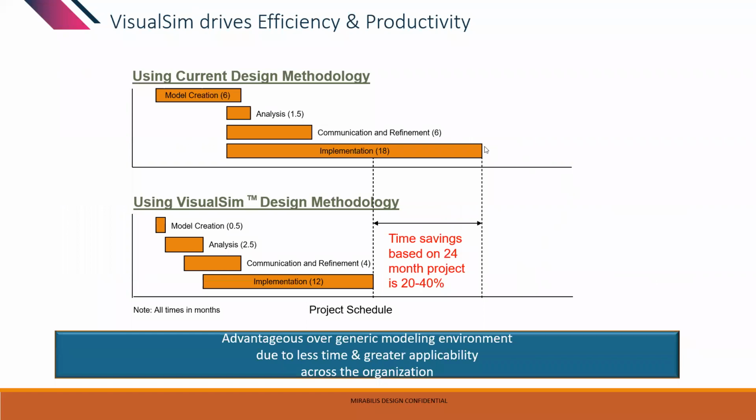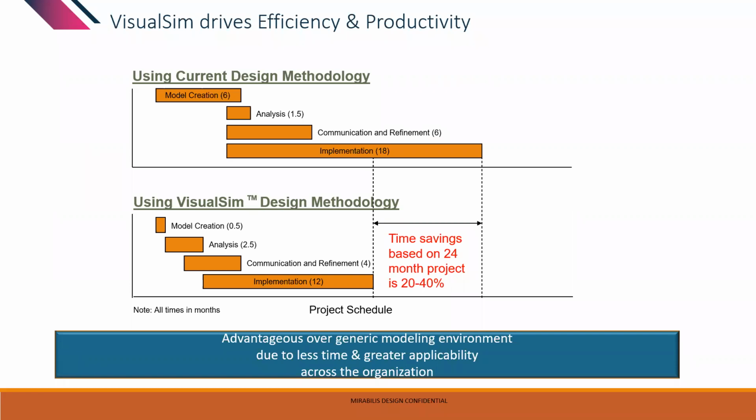So over here, we are comparing the benefits on a single chart where the current design methodology is compared with the VisualSim proposed methodology. So we can see that about 40% of time and resources can be saved by adopting this methodology.